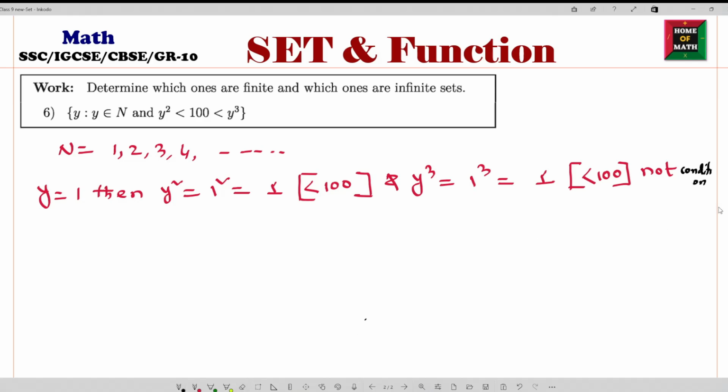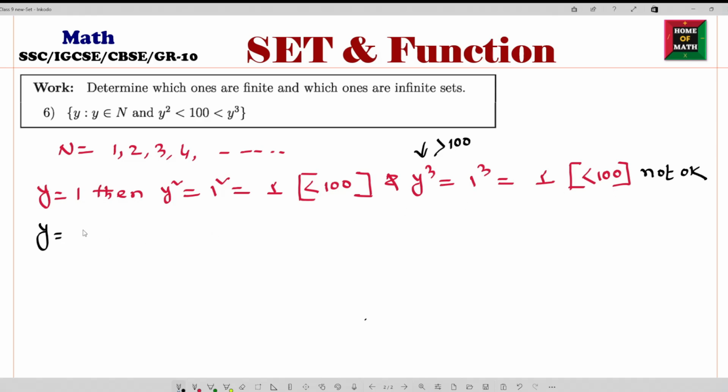Why not okay? Because y cubed should be greater than 100, but here 1 is less than 100.